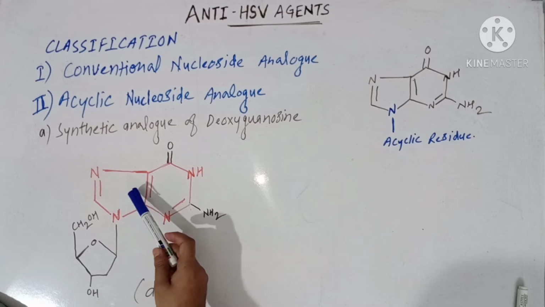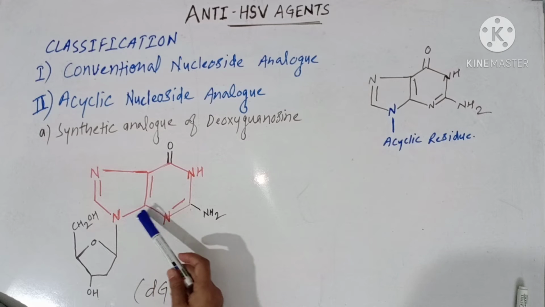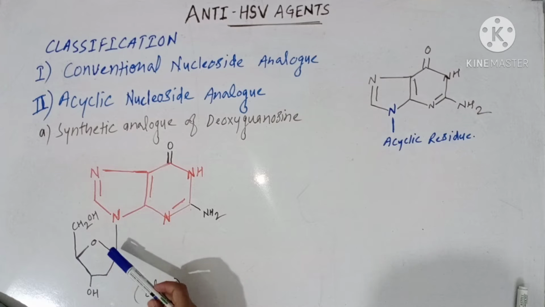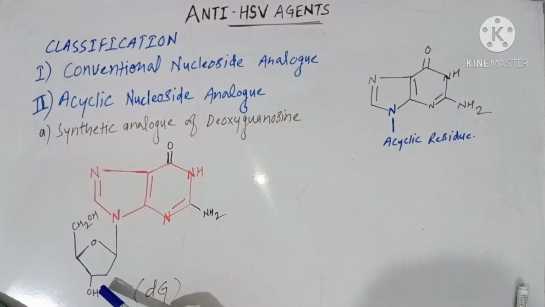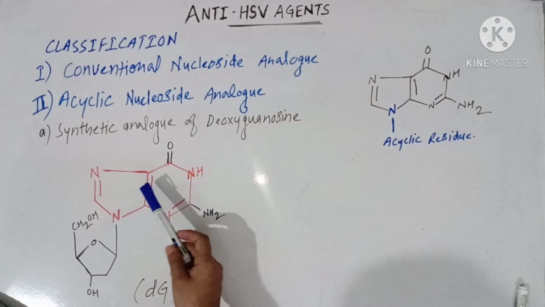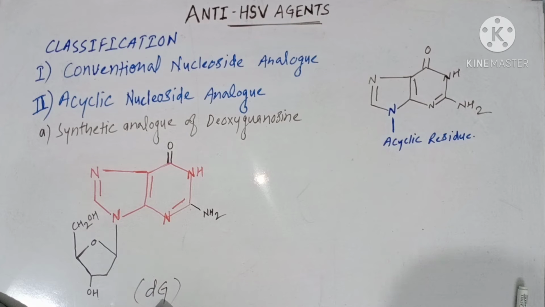In this you can see this is the purine base, and at this nitrogen this purine base has a deoxy pentose sugar. So here at this 2' position there is no hydroxyl group, and this deoxy pentose sugar is linked to this nitrogen. So they together make a deoxyguanosine, which is in short written by small d and capital G. So this is the structure of deoxyguanosine.